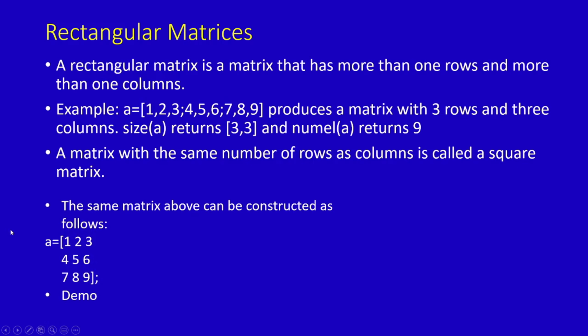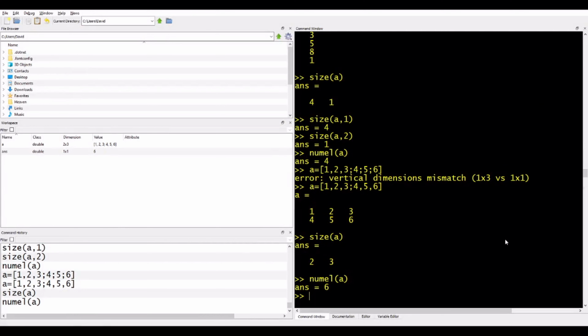You can also, in a script, construct a matrix like was shown here. And you can do it on the command line, but it gets messy. I already showed you some of that, but let's do that one in particular as a demo. Okay, so let's say A equals 1, 2, 3, 4, 5, 6, 7, 8, 9.